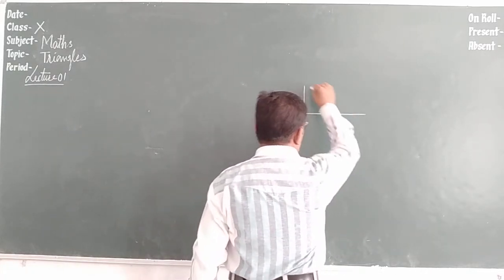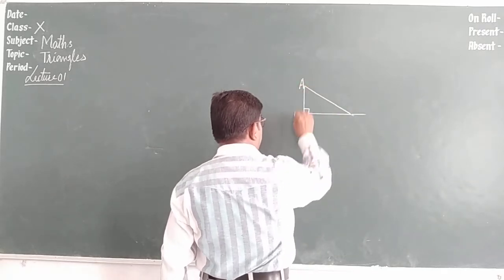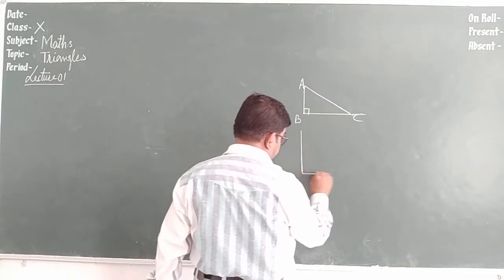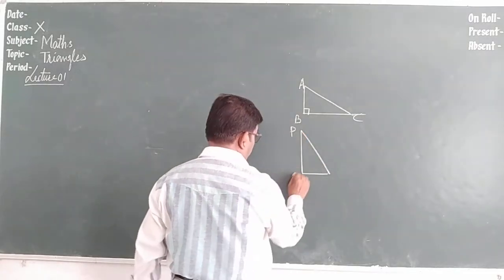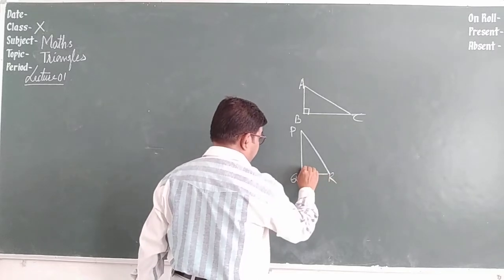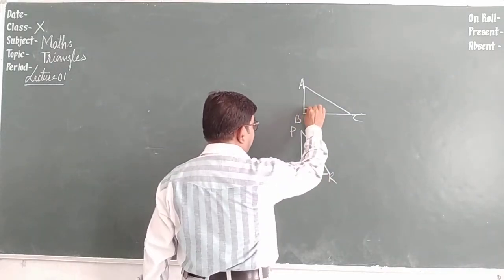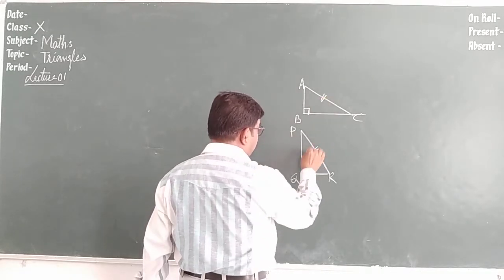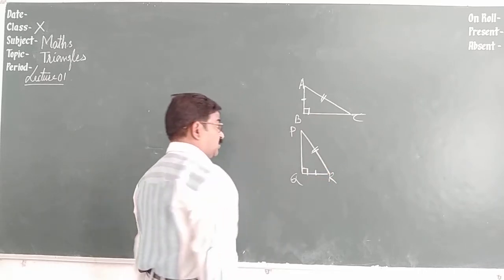Suppose we have a right triangle ABC, and here we have PQR. Suppose we have right angle and right angle equal, this hypotenuse and hypotenuse equal, and this perpendicular is equal to the base.